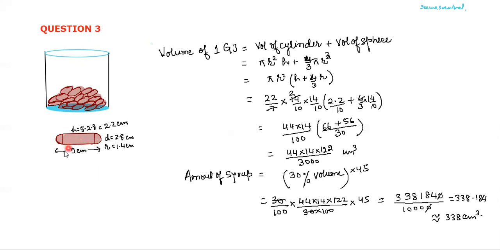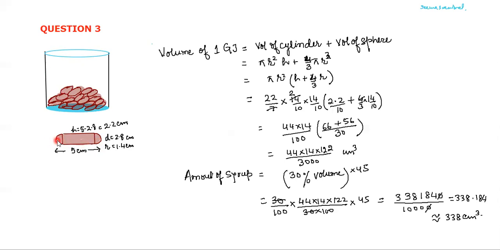So the total length is 5 centimeter. The diameter is given 2.8 centimeter. Therefore, the radius is half of it, 1.4 centimeter. Now we need to find out the height of the cylindrical portion. So children, one radius is here, one radius is here.